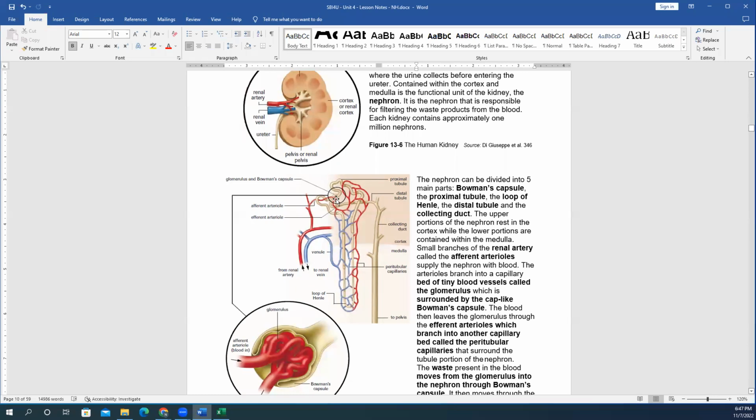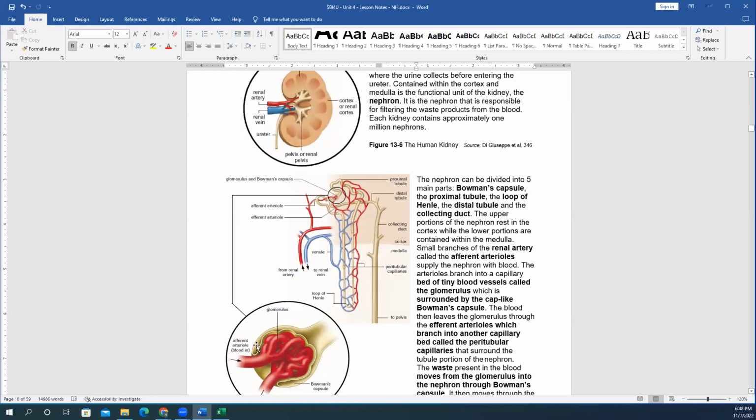If you zoom in on it, you see that this is the Bowman's capsule. It encapsulates a series of very thin blood vessels, which form the structure called the glomerulus. The glomerulus looks like a ball of yarn. These fine vessels all look tangled up and meshed together, like a ball of yarn. That's actually what the word glomerulus means in Latin.